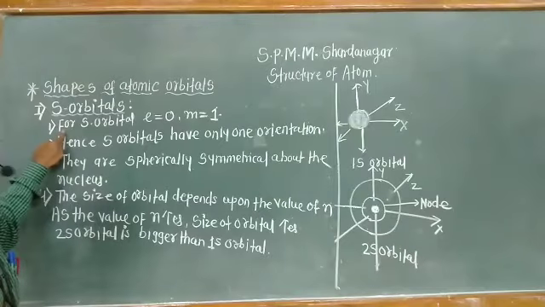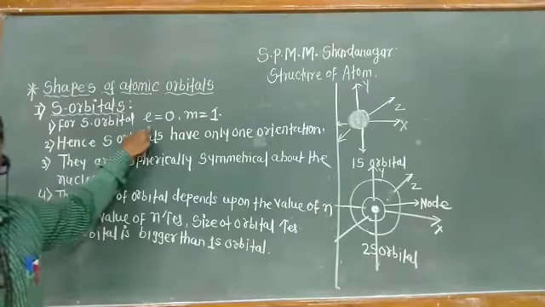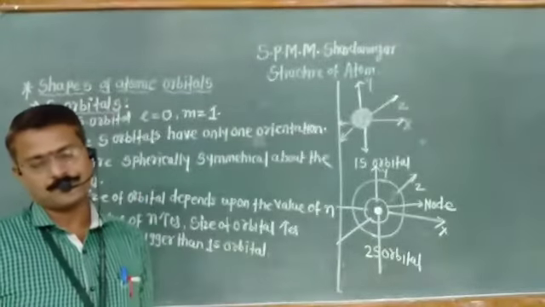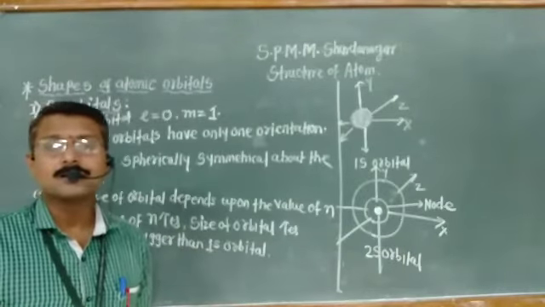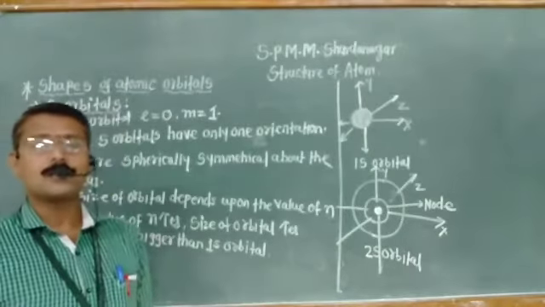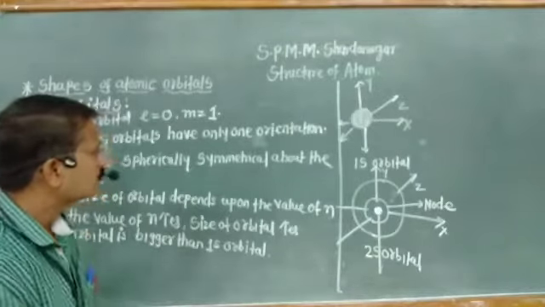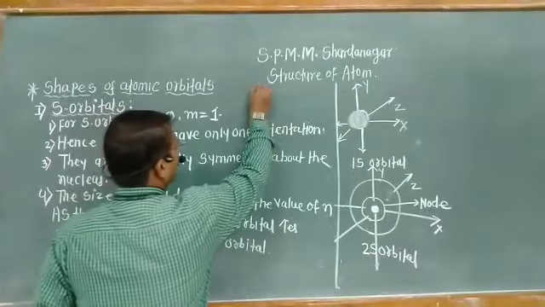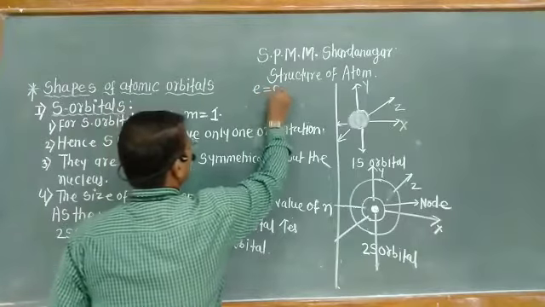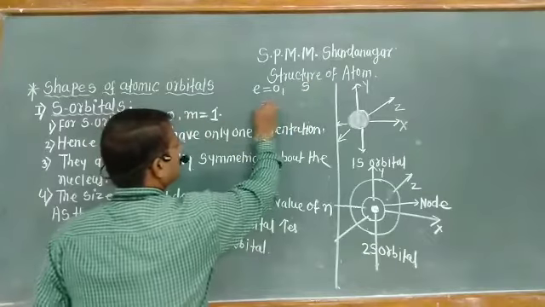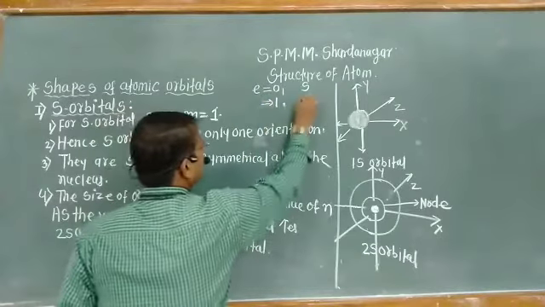For the s orbital, the value of the azimuthal quantum number L is equal to 0 and the value of the magnetic quantum number M is equal to 1. How is that possible? You know that very well. When L is equal to 0, it is an s. When L is equal to 1, it is a p.